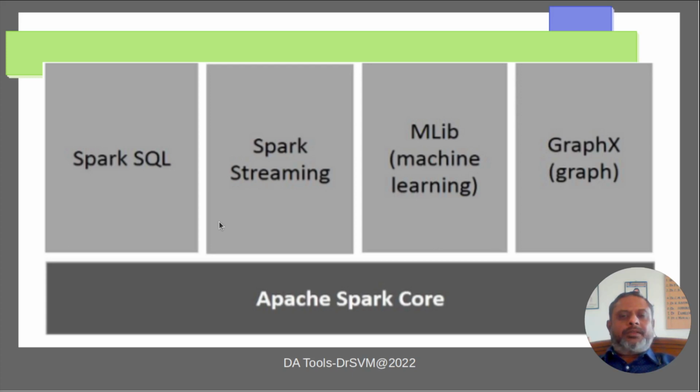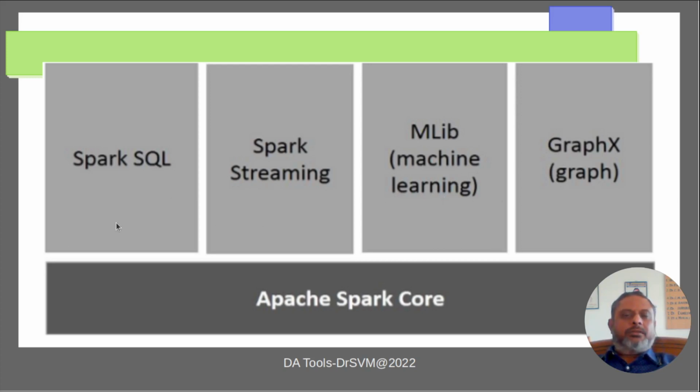So this figure explains much better. At the core we have Apache Spark core. On top of that, Spark SQL, Spark streaming, machine learning libraries, and graph apps are built.